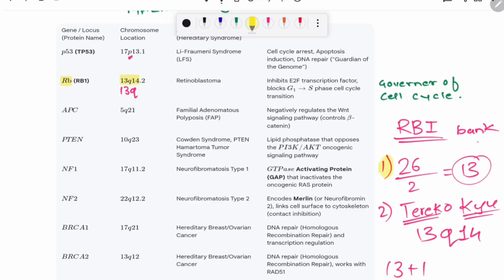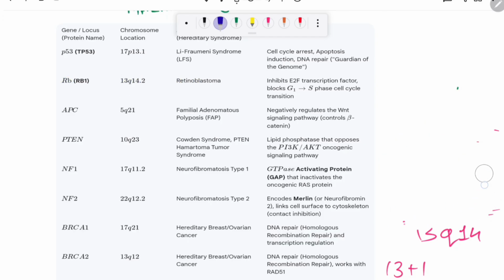So 13q14 can be easily remembered using these two things. Use anything which you want, but the 26 is the GK thing, so it's tough. And for the RB gene, the associated disease is retinoblastoma: R for retino, B for blastoma. I hope RB is clear now.